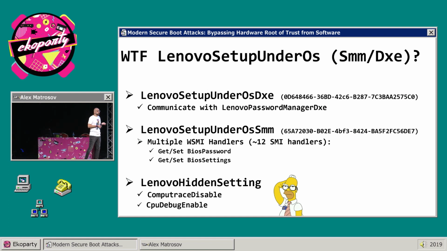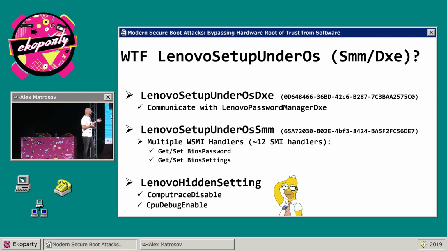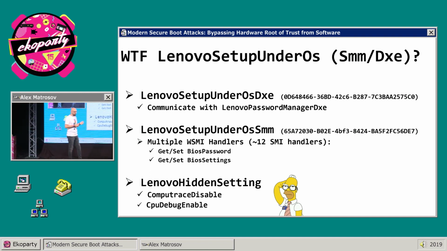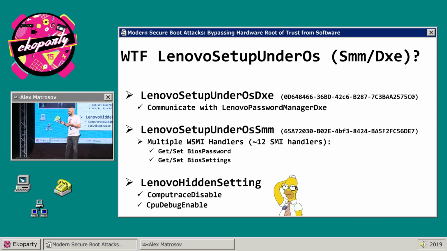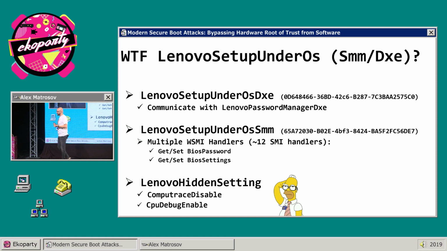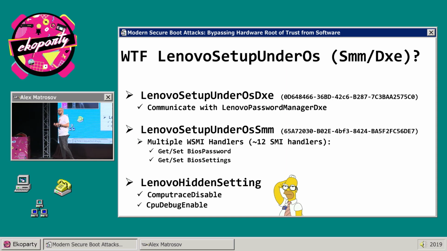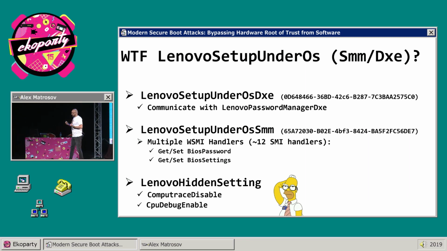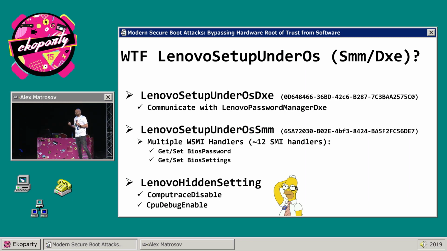Lenovo Setup Under OS, the DXE driver, mostly communicates with the Lenovo password manager settings inside the firmware, and Lenovo Under OS is basically responsible for the BIOS password and BIOS settings. And it has 12 SMI handlers, which is actually a huge attack surface. Lenovo Hidden Setting, it's already kind of an interesting name, right? For the driver.